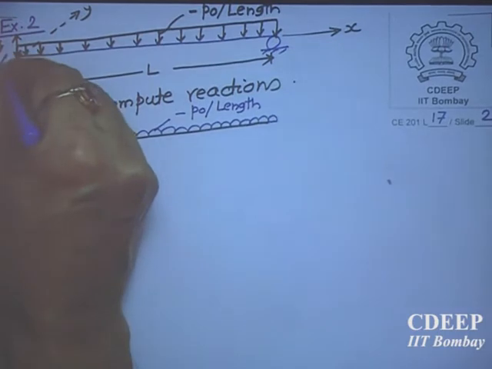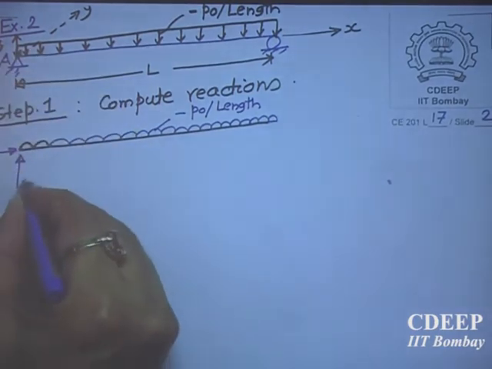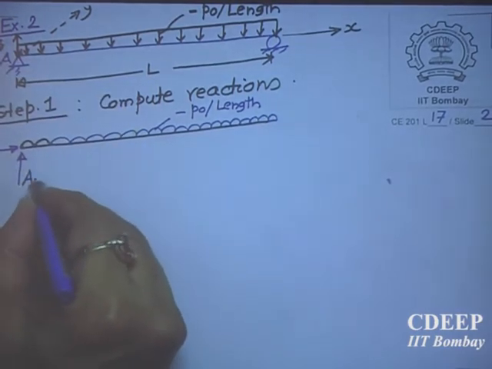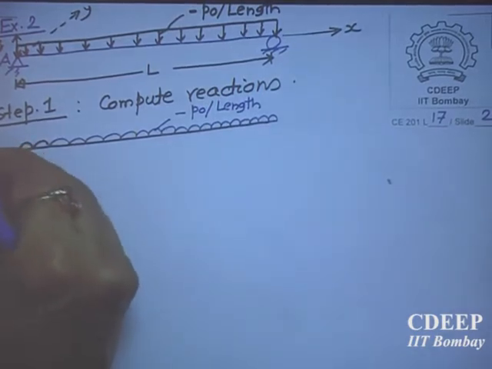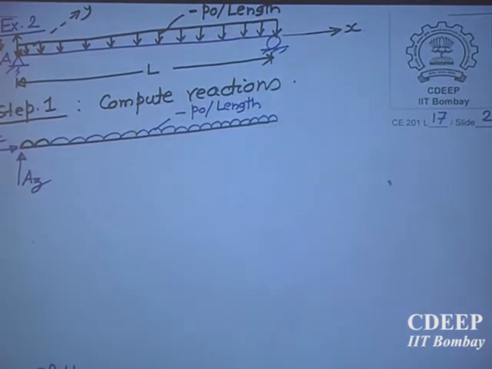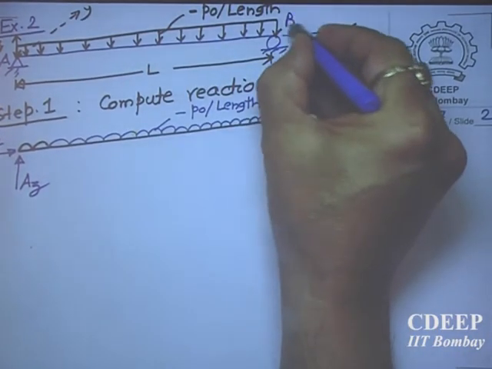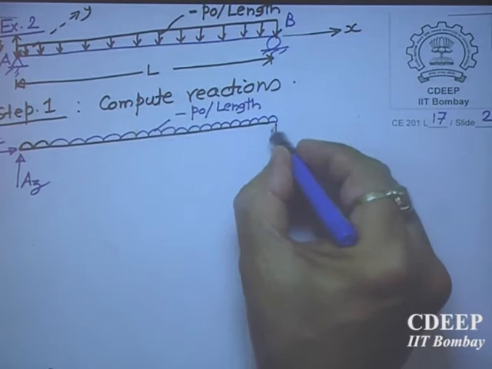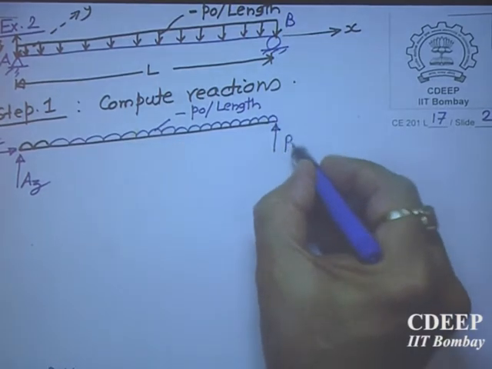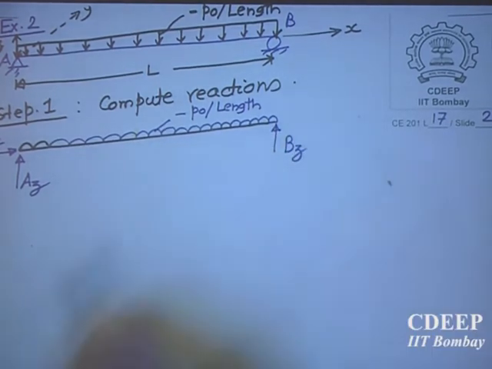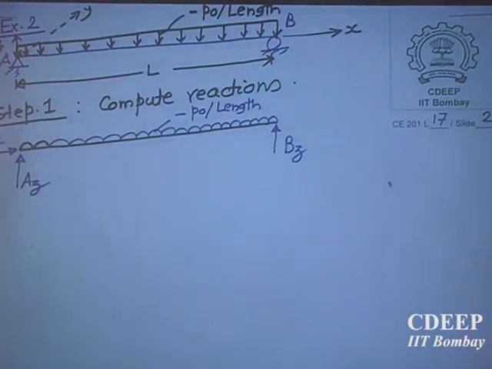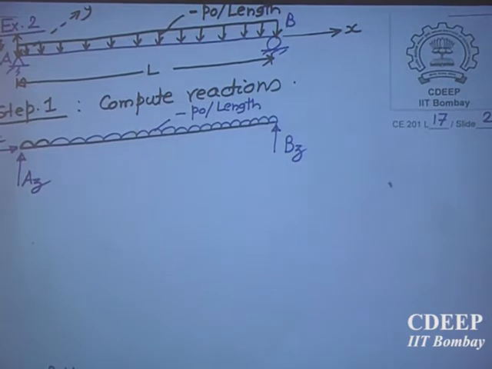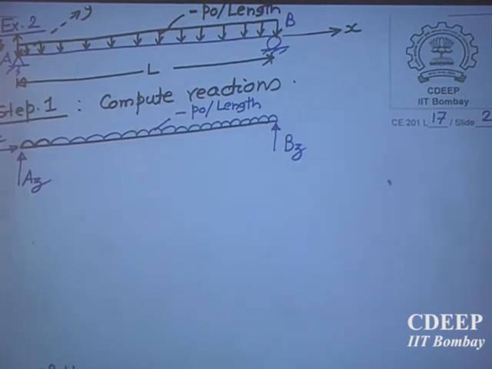This point is A, so I will call it Az and Ax. This point is B, so this is Bz, the force at point B. So this is my free body diagram.